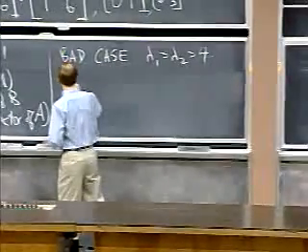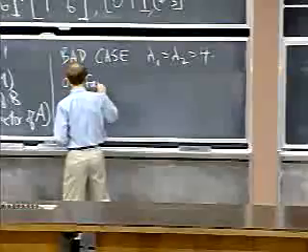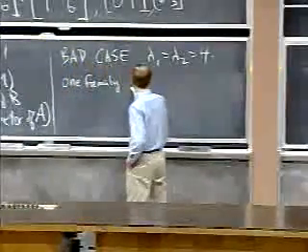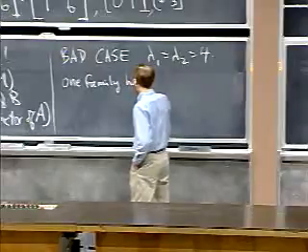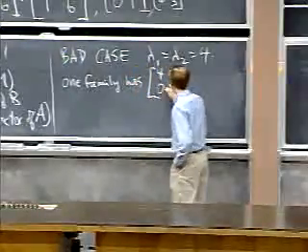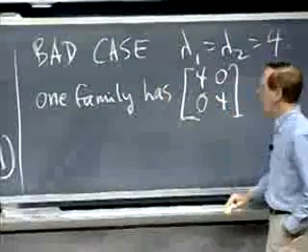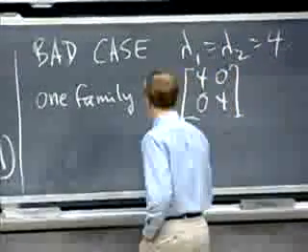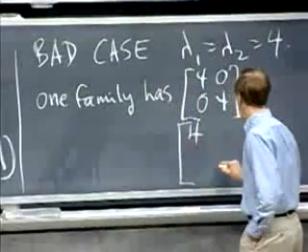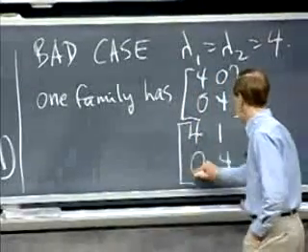One family with eigenvalues 4 and 4 has this matrix in it, 4 times the identity. But now I want to ask also about the matrix 4, 4, 1, 0.